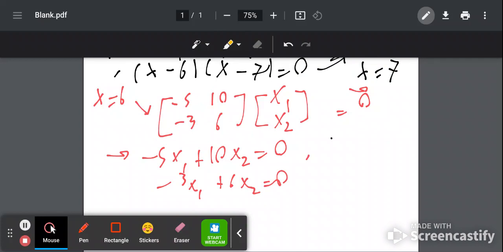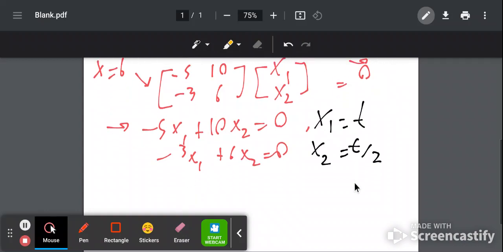We can let x1 be t, and therefore, solving for x2, 10x2 is equal to 5t, and therefore x2 is t over 2. This is a general solution. If we plug it back in here, we see that negative 5t plus 5t is 0, and negative 3t plus 6 times t over 2 is also 0.